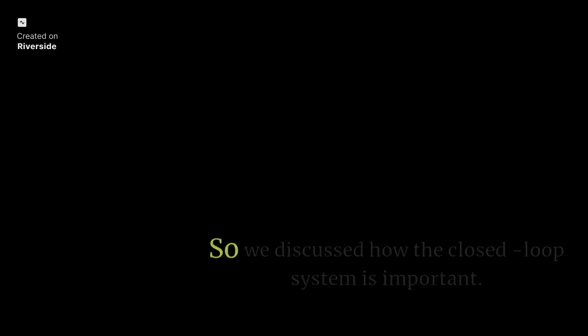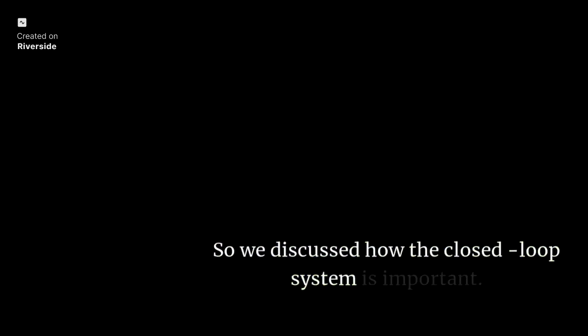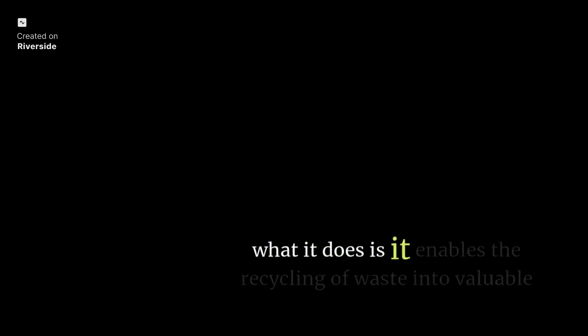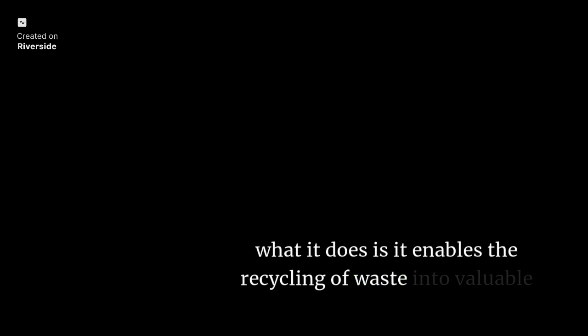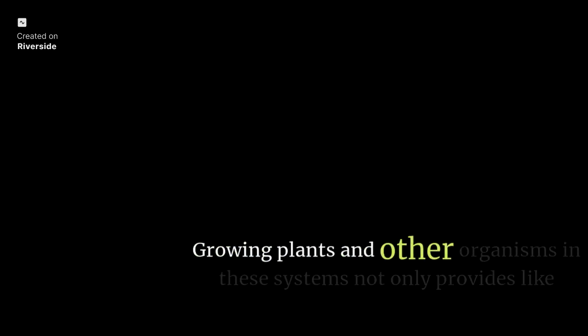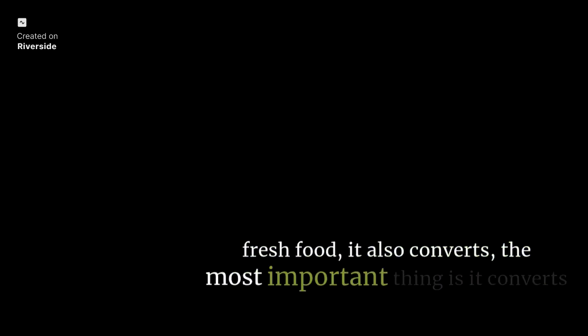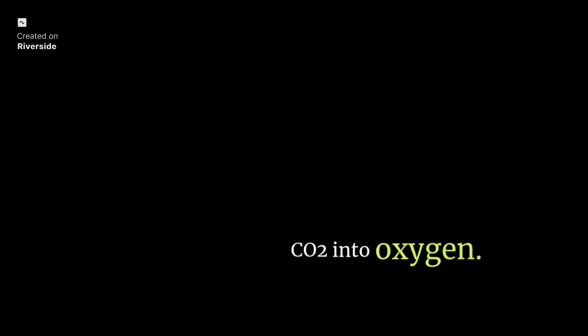So we discussed how the closed loop system is important. It is critical. It's critical to the future of space exploration and long duration missions. What it does is it enables the recycling of waste into valuable resources like oxygen, water, food, etc. Growing plants and other organisms in these systems not only provides fresh food, but the most important thing is it converts CO2 into oxygen.